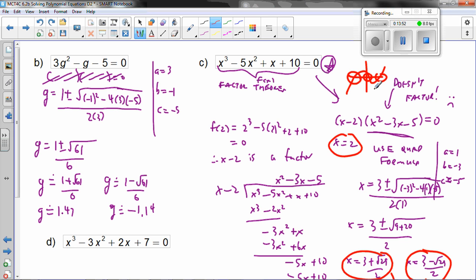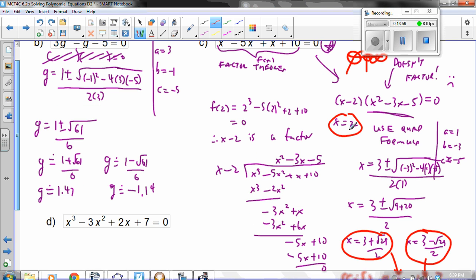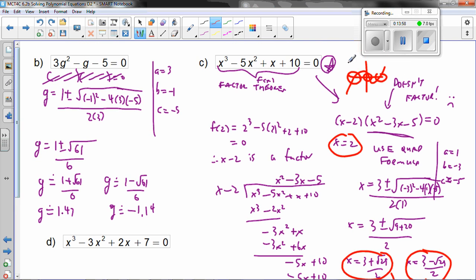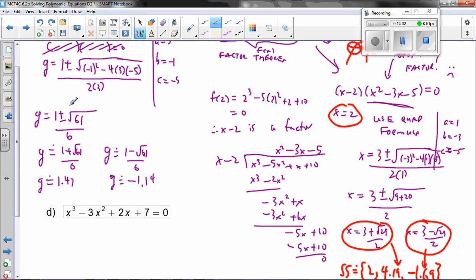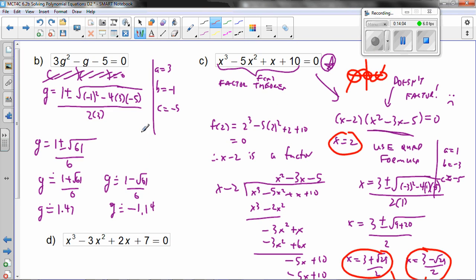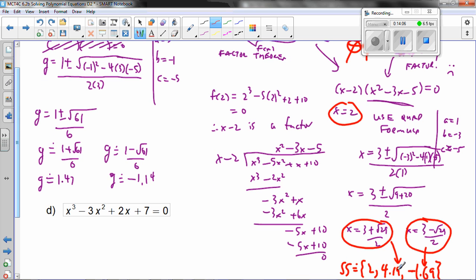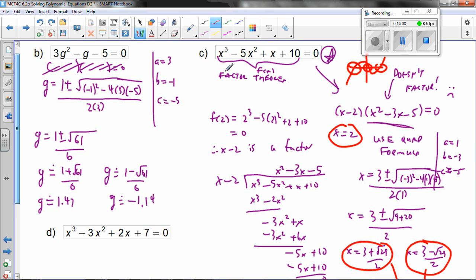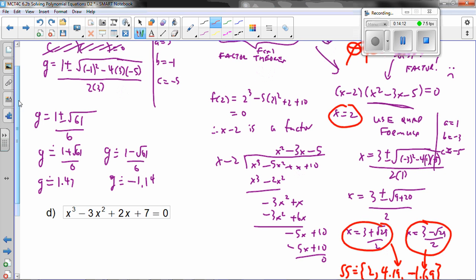And in fact, I know that it does, and I could actually list them now, because I've got x equals 2, x equals 4.19 is one of the roots, and x equals negative 1.69 is one of the roots. So actually, I know all the x-intercepts of that function.